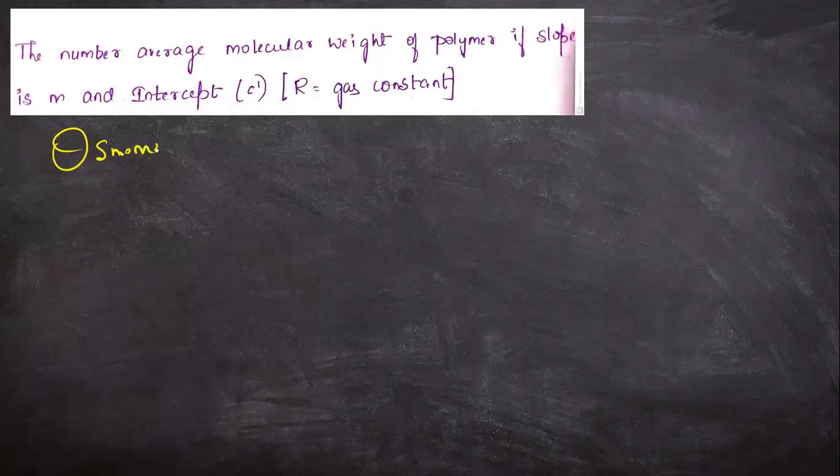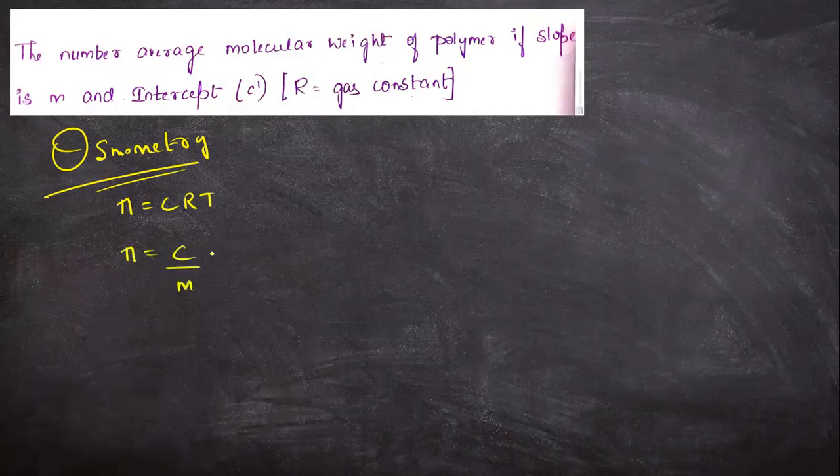In the osmometry method, pi is equal to CRT, so we wrote it like C by M RT, with concentration taken in gram per liter.